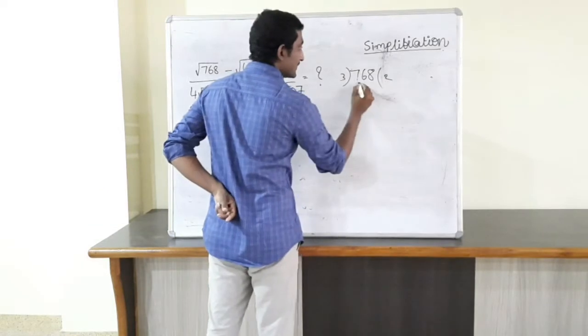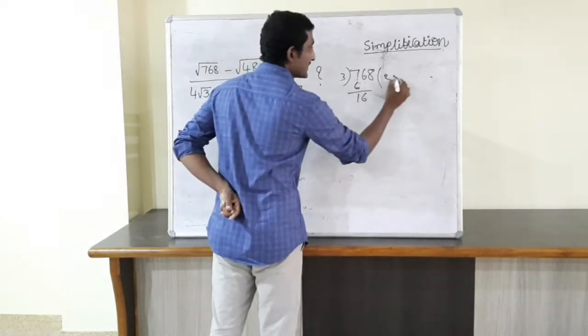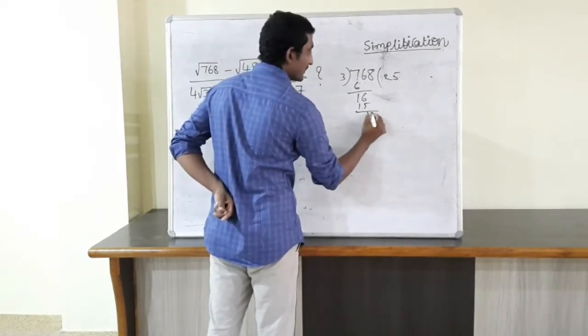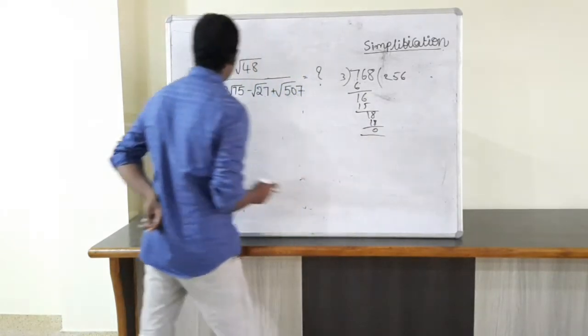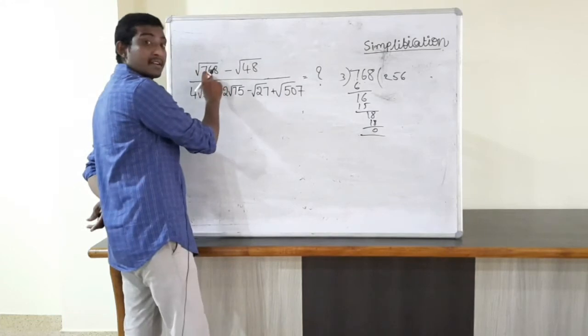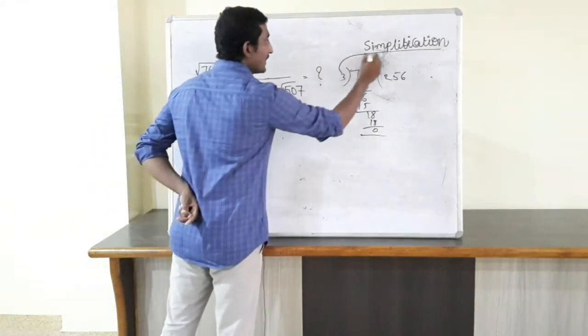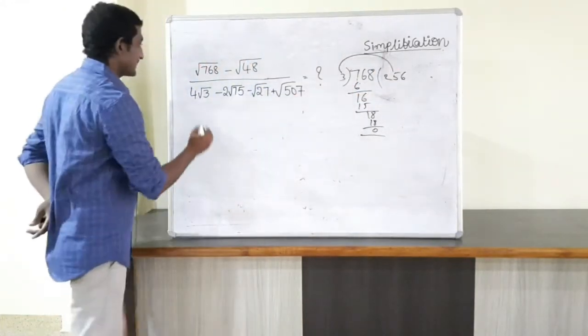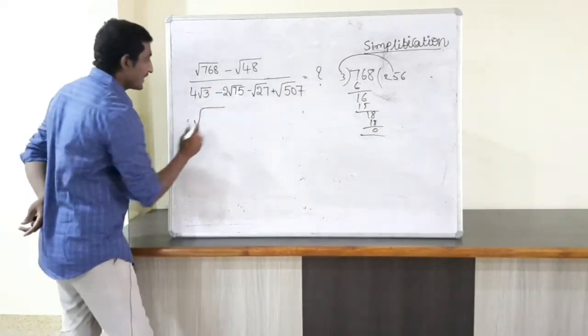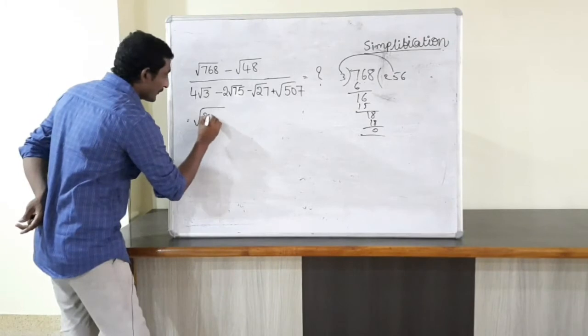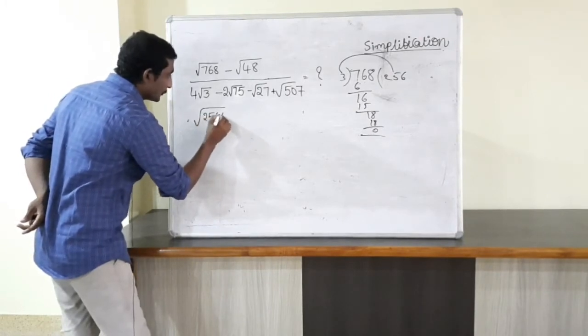3 2s are 6, 3 5s are 15, 3 6s are 18. How can we write square root of 768? Root of 3 into 256. Split square root of 768 as 256 into 3.